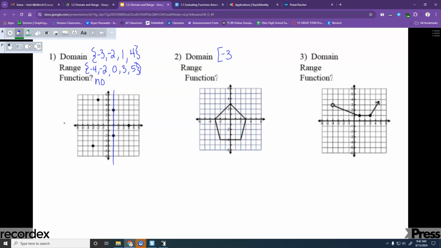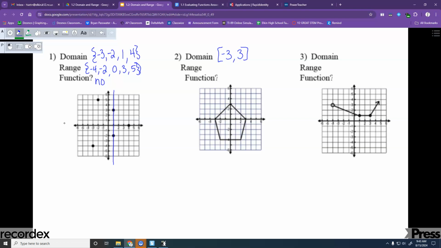Right here is where it ends, right? So here is where it ends. So that's going to be positive 3. I'm going to use a bracket for it as well, because if it wants it to not be included, it'll have an open circle there. All right, and so that is going to be my domain, because over here I got nothing, right? Everybody okay there? So this means from negative 3 to positive 3, those are my x values that I can have on this, and all the numbers in between.